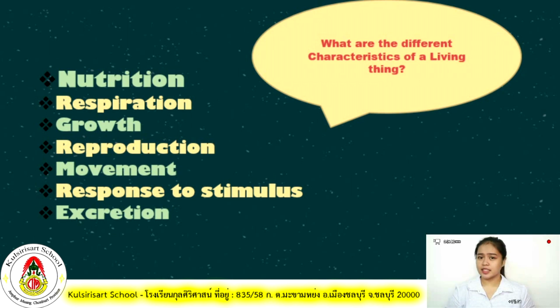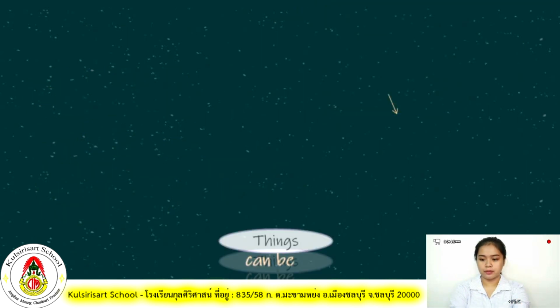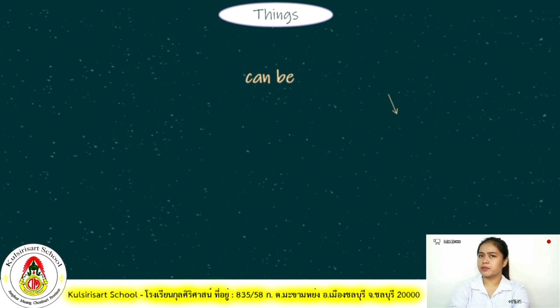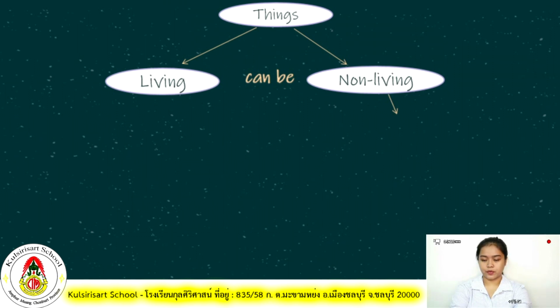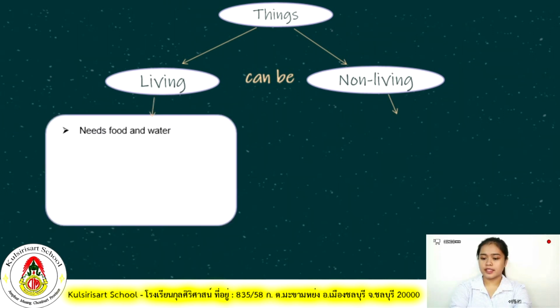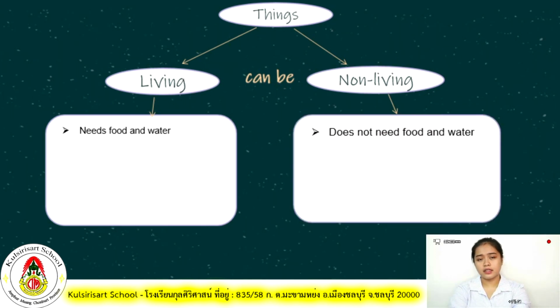Do you get it? Very good. Okay, let's proceed. Things can be living and non-living. Living things need food and water, while non-living things do not need food and water.